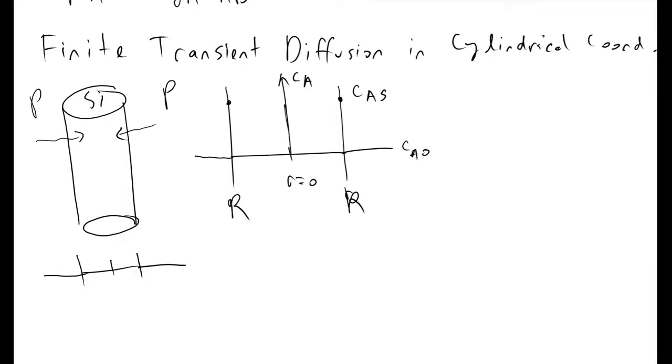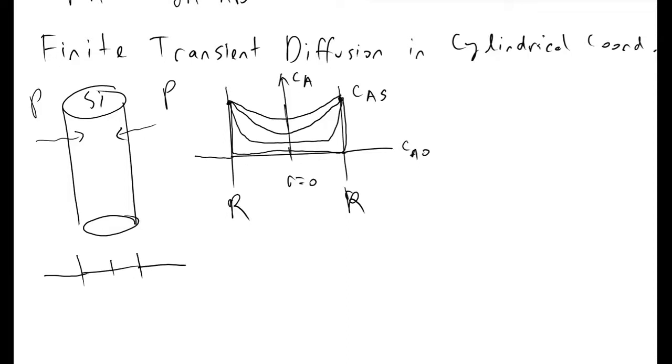So if we took a snapshot of the concentration profile right when we started diffusing phosphorus in, we would have something that looks a bit like this. This is a little poorly drawn, but you get the idea. Then as time goes on, we would have a concentration profile that evolves like this, and if I could draw well, this would be symmetric.